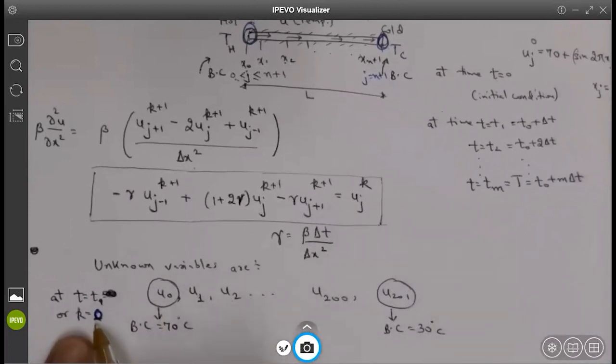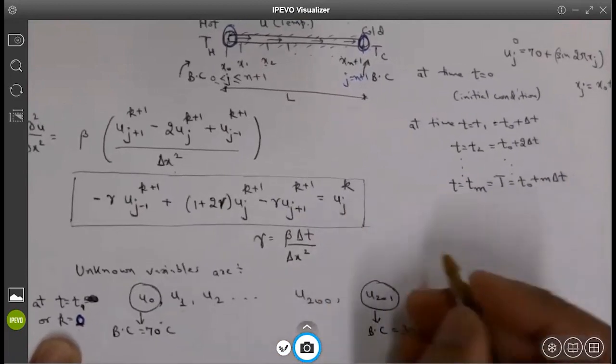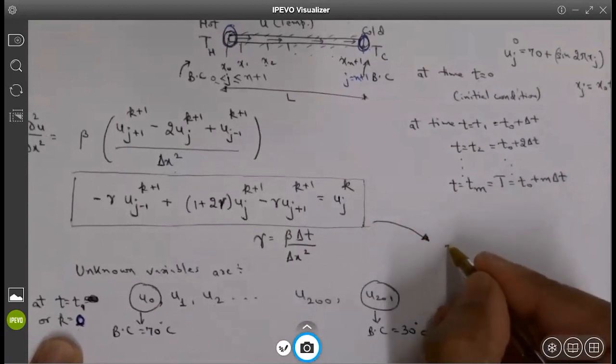If I substitute k equals 0 in this equation, what can you write? Or if I write this equation, you will get this. Let me write it for you.